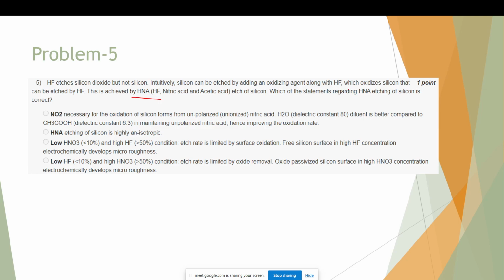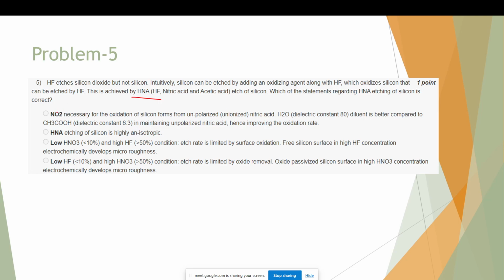Which of the statements regarding HNA etching of silicon is correct? NO2 necessary for the oxidation of silicon forms from unpolarized nitric acid.